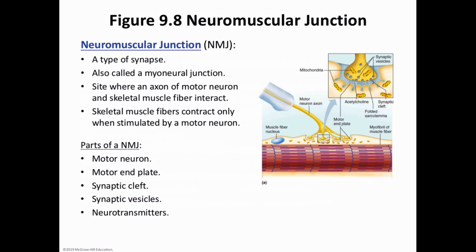At the neuromuscular junction, a number of things happen. The first thing that has to occur is some form of stimulation. As long as it reaches threshold, an action potential will be elicited via the motor neuron, and it will arrive at the axon terminal.